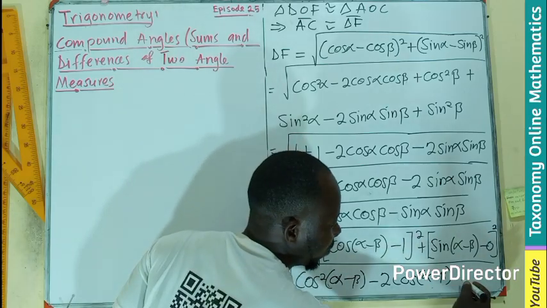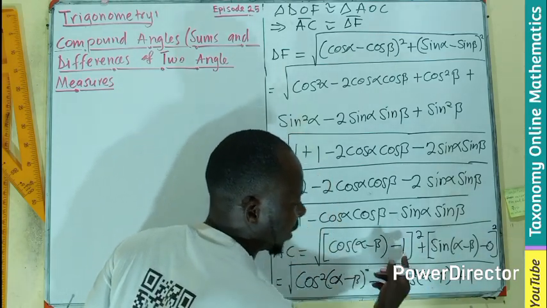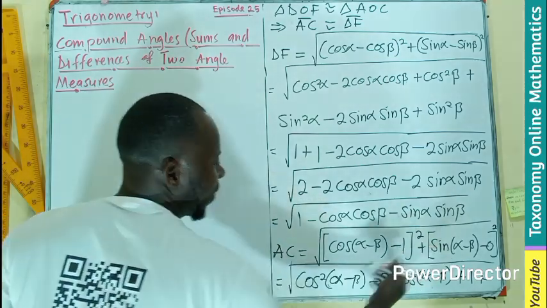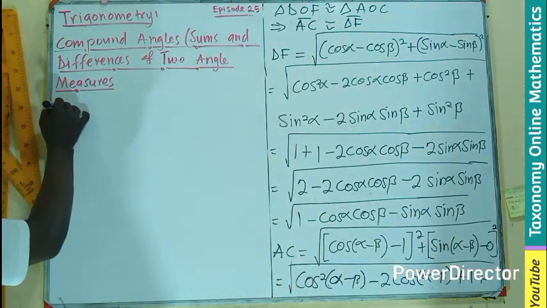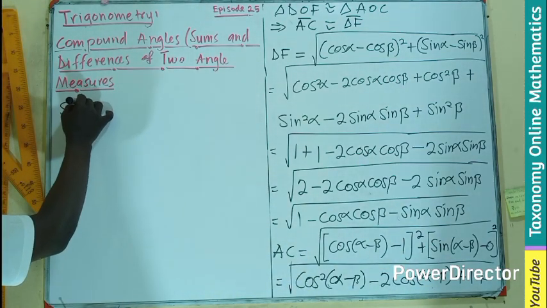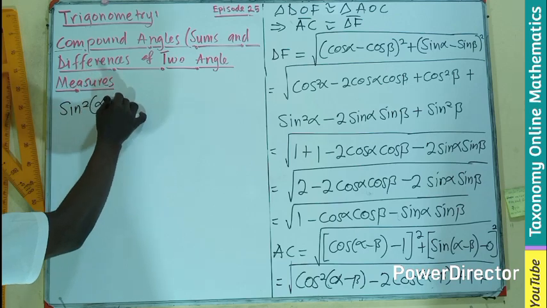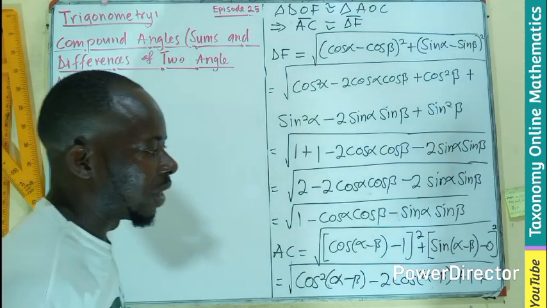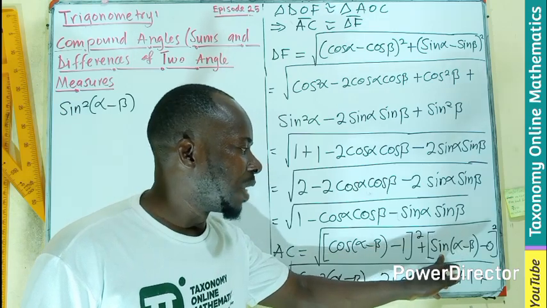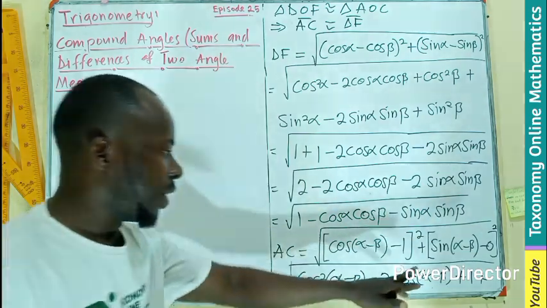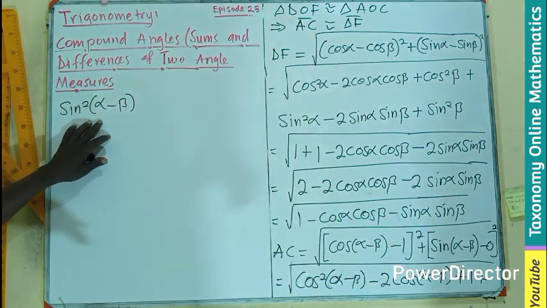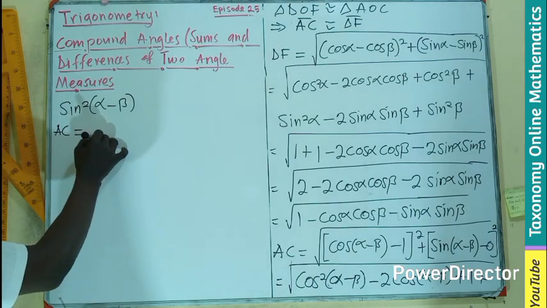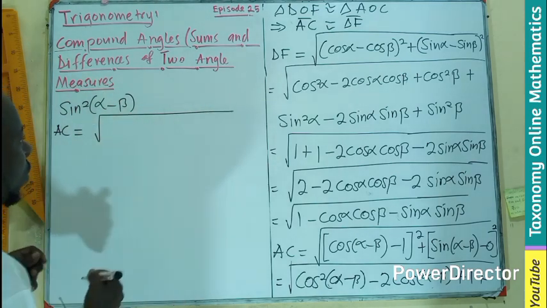Then you square the last, plus 1, then plus square the first. If you square the first, it will be sine square alpha minus beta, twice their product, 0 times this will be 0, then square the last will be 0. So it means that this gives us this value.